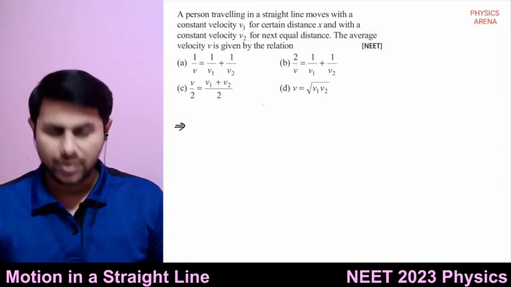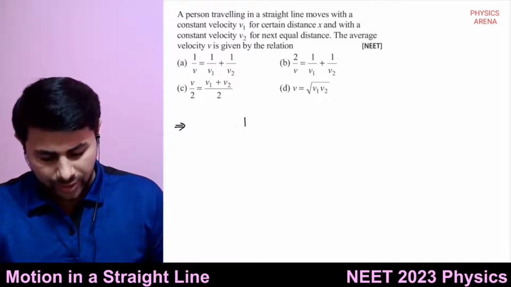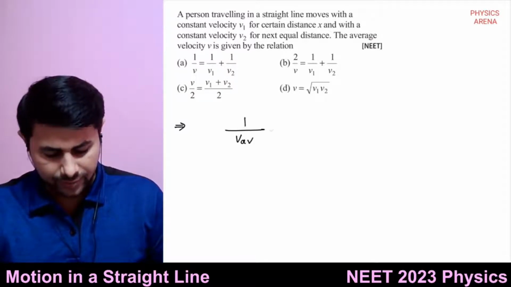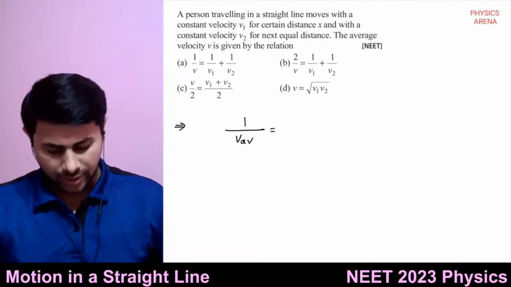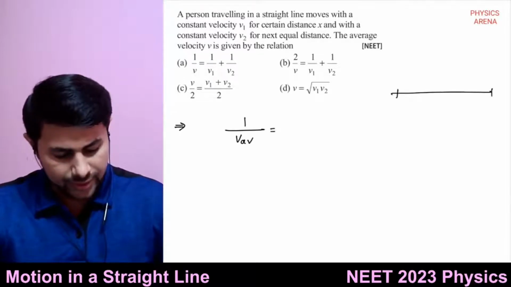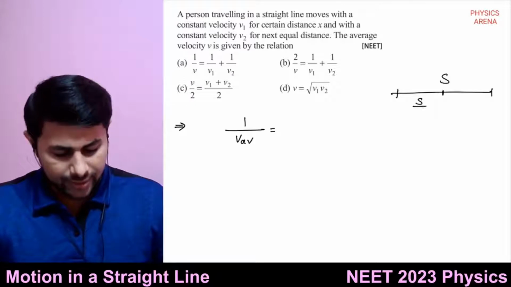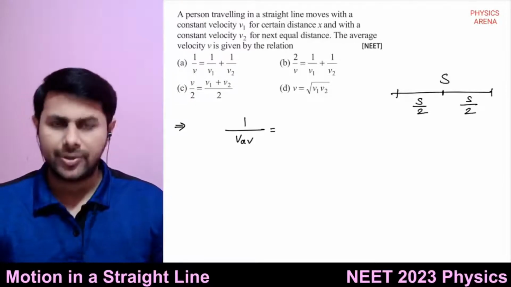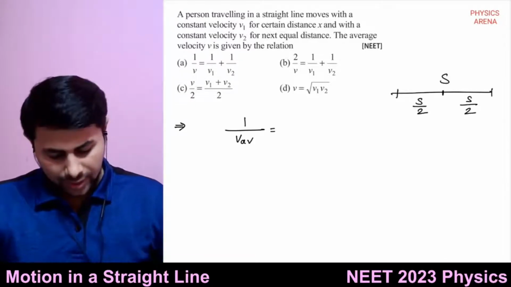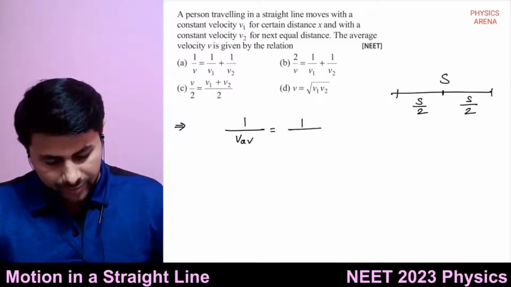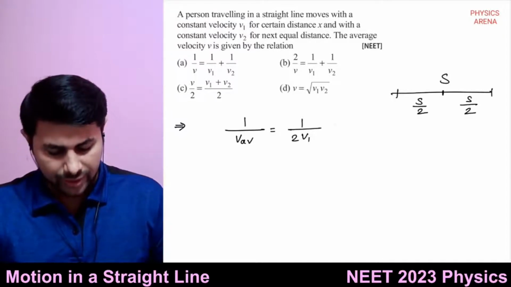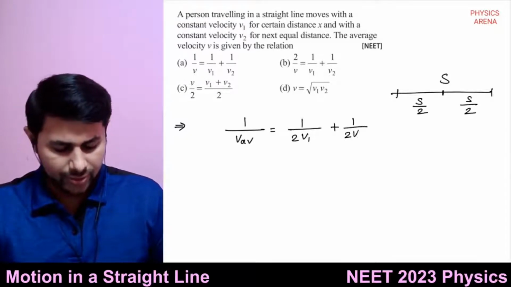So what is the formula? 1 upon average velocity is equal to, so now the total distance is s, it is divided in two parts, s by 2 and s by 2, right? So it's equal to 1 upon 2v1 plus 1 upon 2v2.